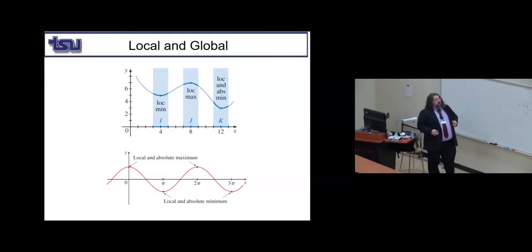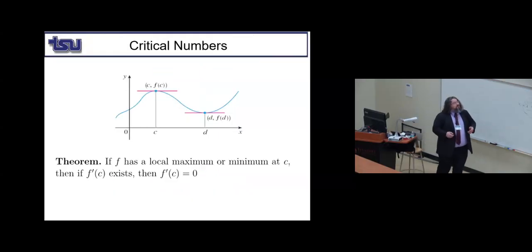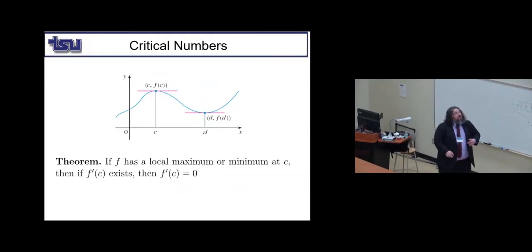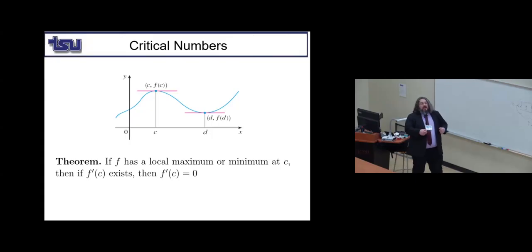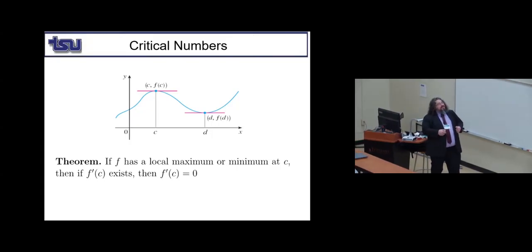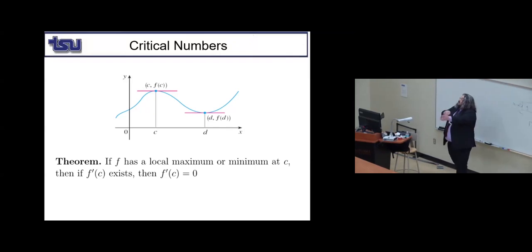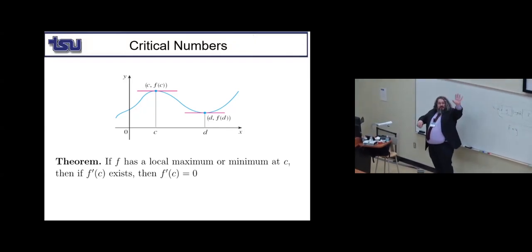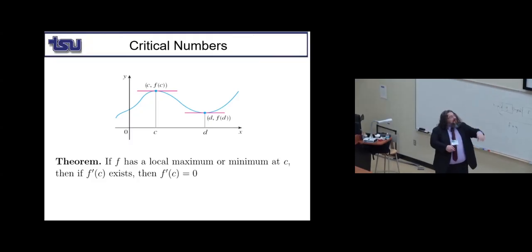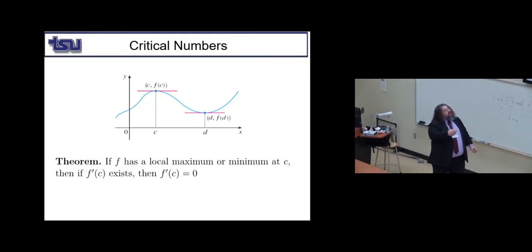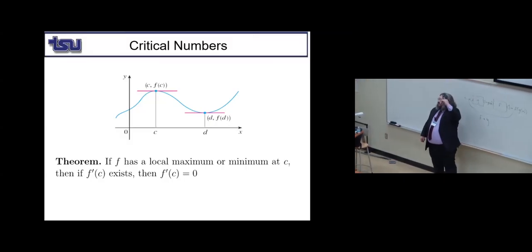So let's think about how we might identify where a local maximum or local minimum of a function is. Well, I mentioned it before when we were talking about the sine and cosine, and the trick is that at a local maximum or minimum, assuming the function is nice and smooth and you actually have tangent lines at every point, the local maxima and minima will always occur someplace where the tangent line is 0.